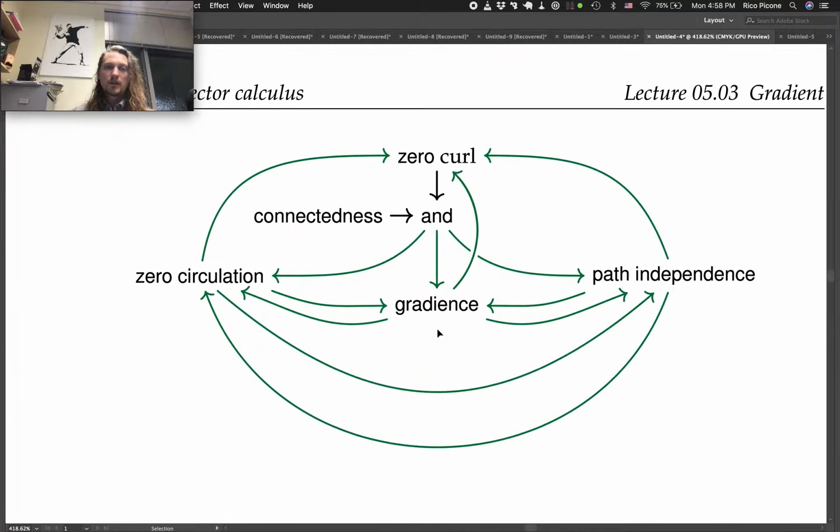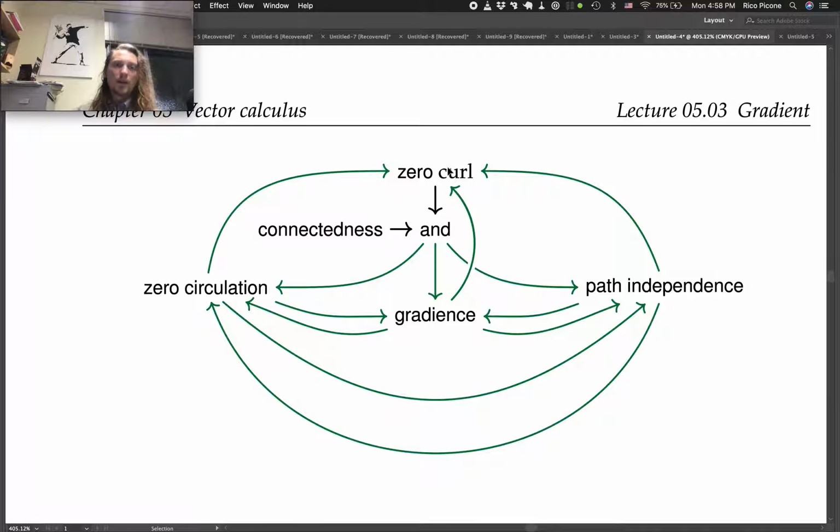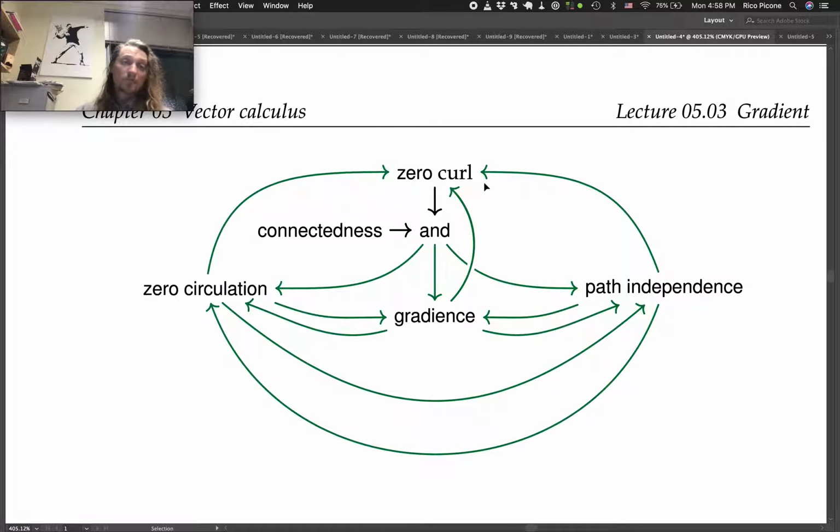There was a mistake on the earlier one. It said zero divergence before. That was a typo, or a mistake, whichever way you want to consider it. Now we have this sort of triad of implication among zero circulation, gradients, and path independence.